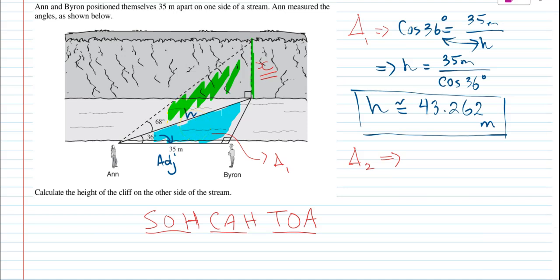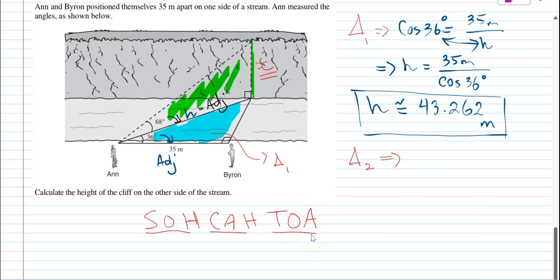This is the adjacent side for the second triangle. And then what do we want? We want the opposite side. Which of the three trigonometric ratios are we going to use, since it has adjacent and opposite? Well, this is tangent right there.